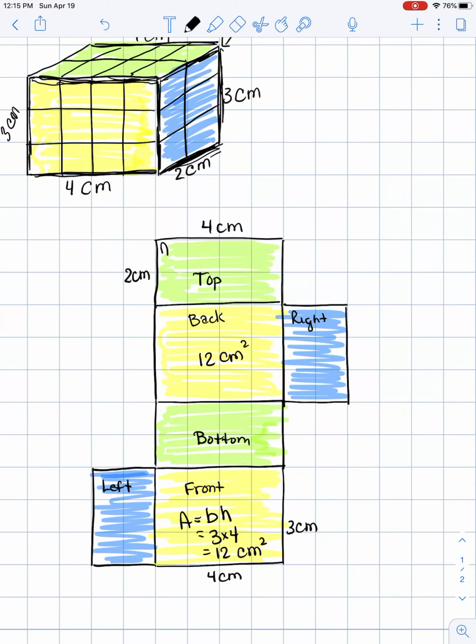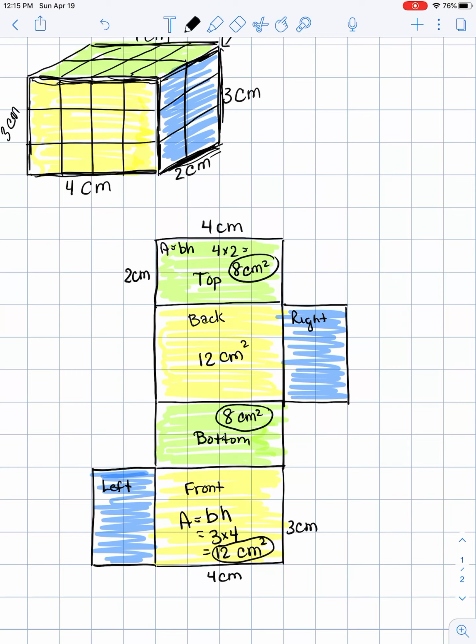So we have area equals base times height, which equals 4 times 2, which equals 8 square centimeters. Let's circle this. And if the top is 8 square centimeters, the bottom has to be 8 square centimeters as well.